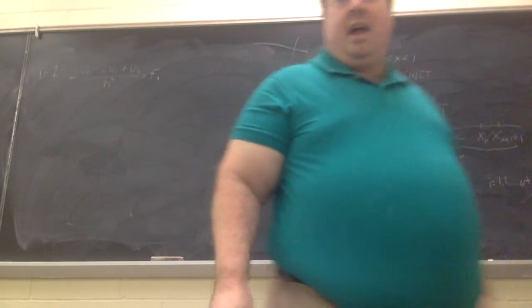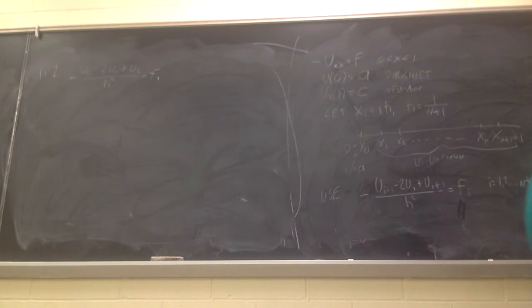So how do I account for the left boundary condition u of 0 is equal to a? u1 and u2 will stay, they're unknowns. So what do I do with that u0? You move it to the other side? Yes, but what can I put in its place? Using the boundary condition that's given.